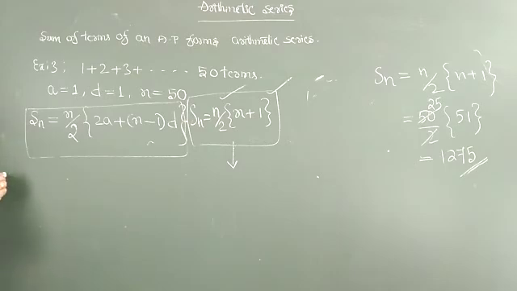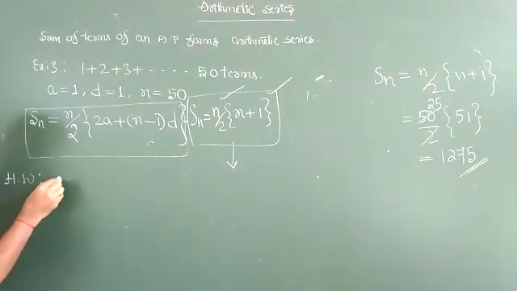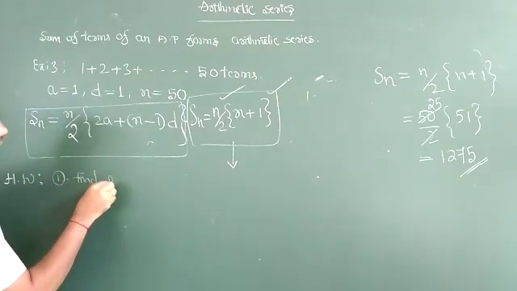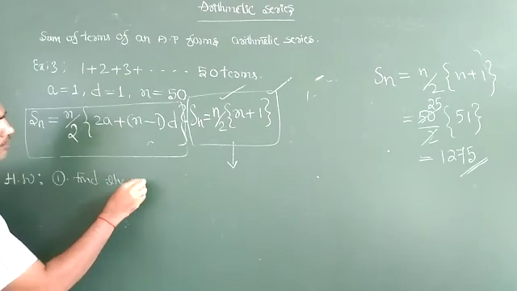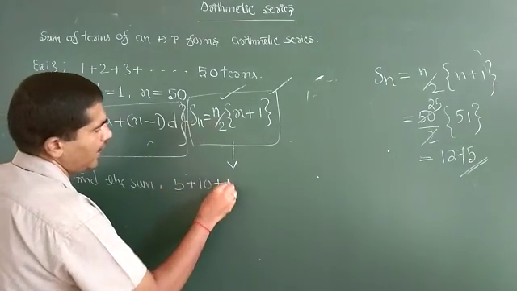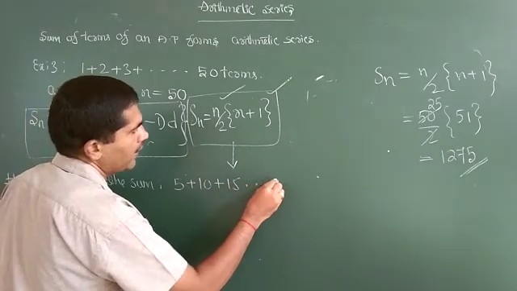For today's class, you have two homeworks only. First, find the sum of the series I am giving: 5 plus 10 plus 15, up to 25 terms.